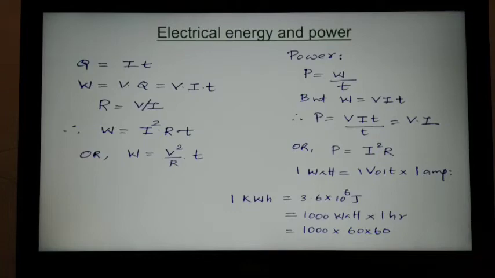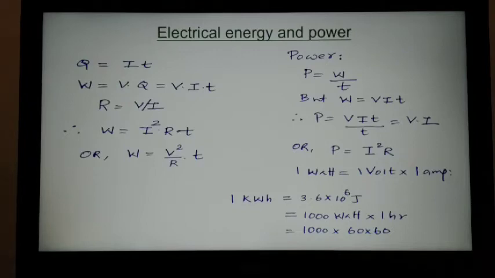So P is equal to V into I into t divided by t, that is V into I. Or P is equal to I square into R, because W is equal to I square R t, and P is W by t, so I square R t divided by t becomes I square R.